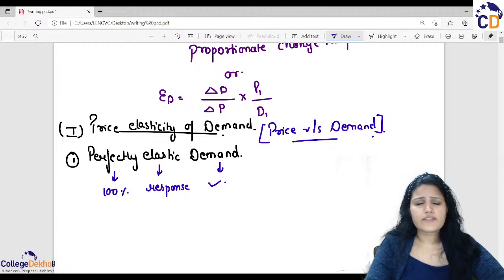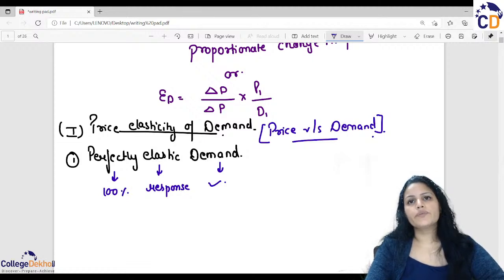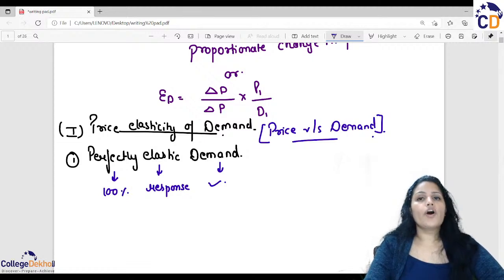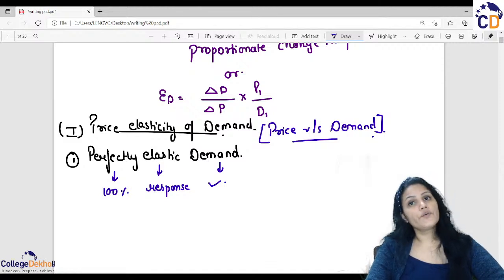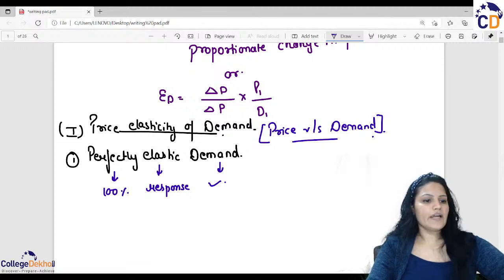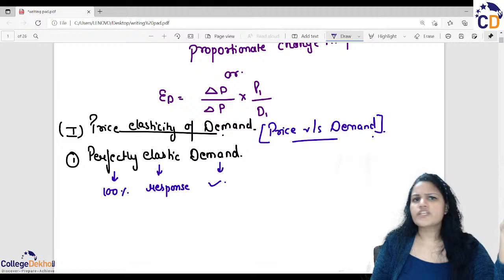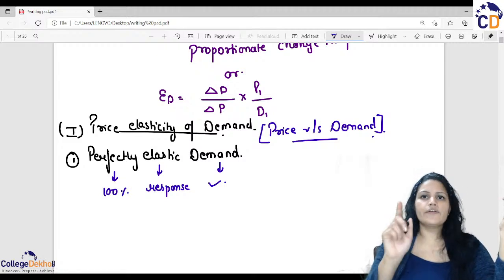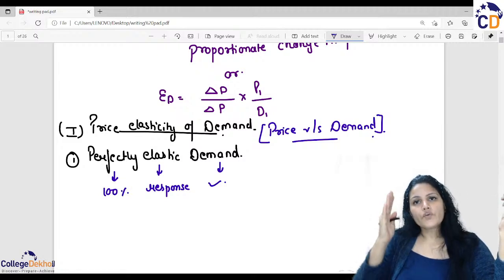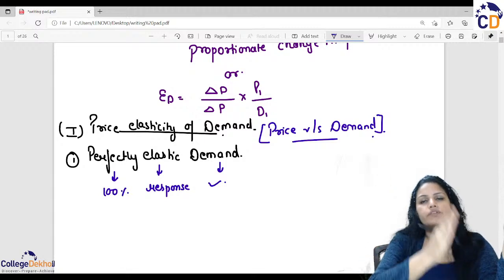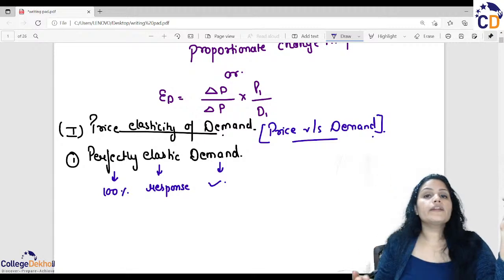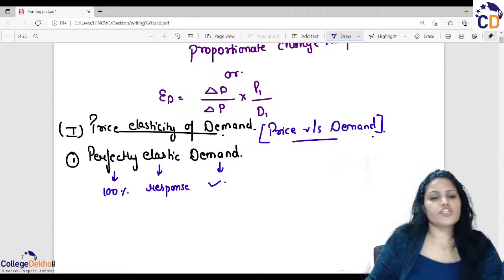And here we are comparing price versus demand. If the 100% response goes towards the demand only, then the price of the goods automatically changes by 0%, because 100 is the totality. If the total 100 goes to the demand side, then on the price side there is 0% change.